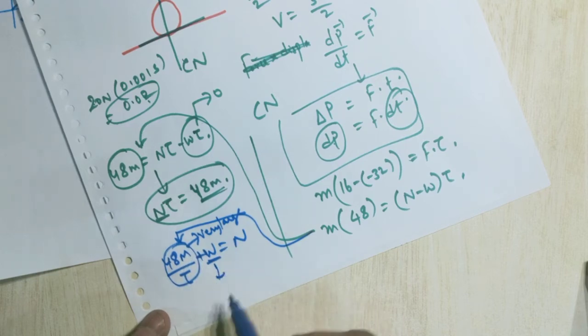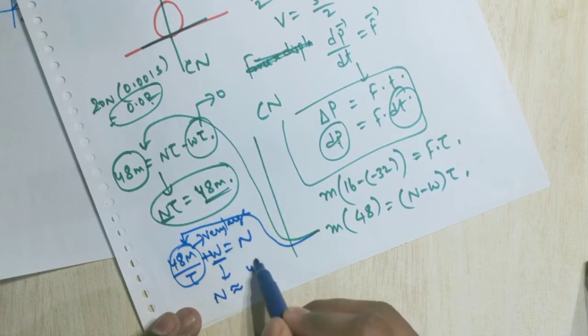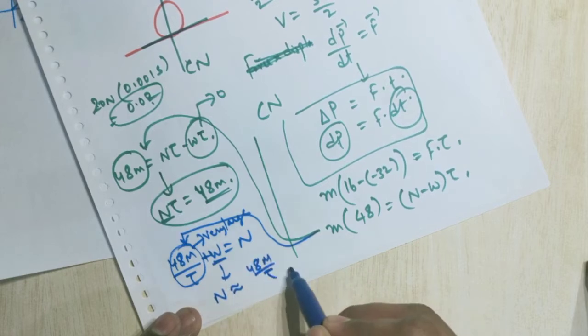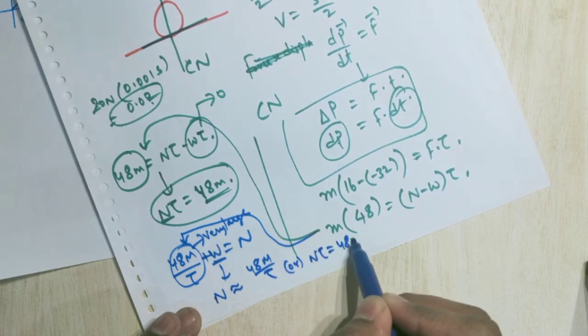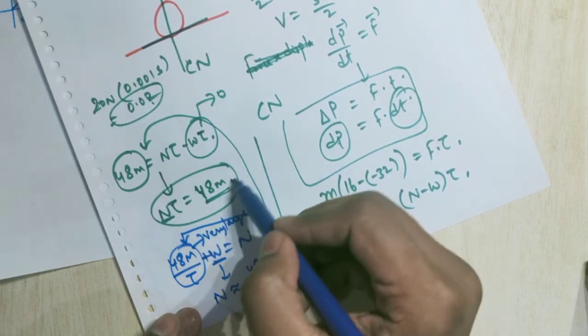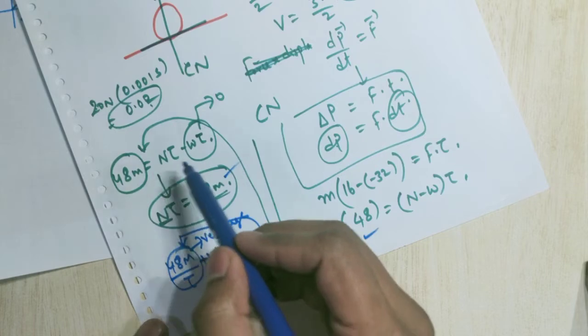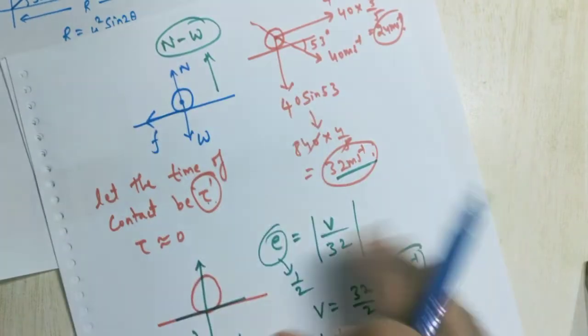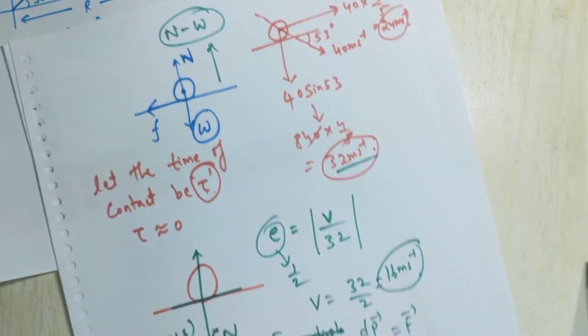So again here also you can say normal reaction is approximately 48 m by tau, or you can say N into tau is equal to 48 m. So basically what I'm saying is, compared to the weight of the body, normal reaction is extremely high.